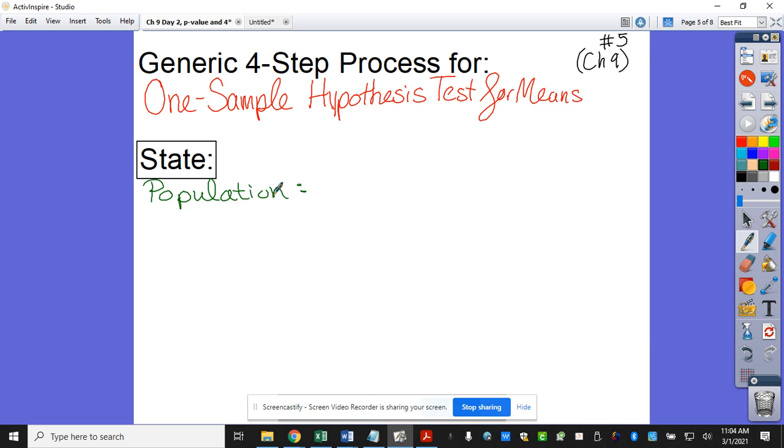In this one, we're concerned with what the population is based off of a sample, and our sample should be random. So really defining our sample isn't necessary because it's just a random piece of that population. So we define our population in context. Then, as you just said, we define our parameter, which is mu, the mean, something in context.